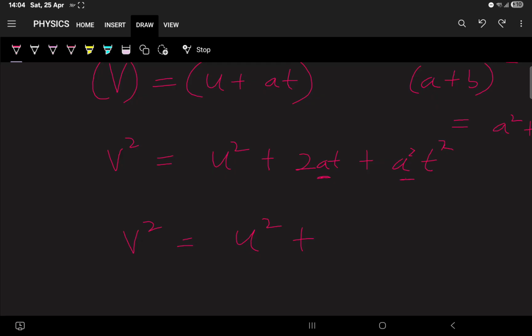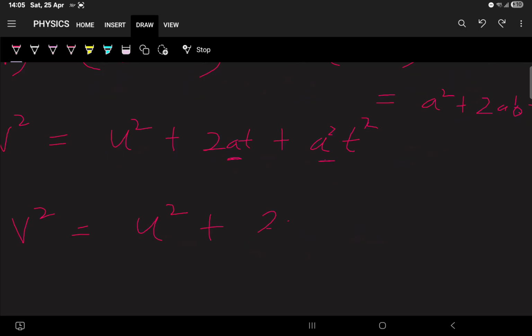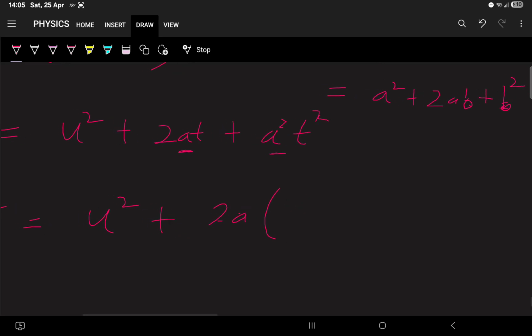What I want to do is make this in such a way that it will be similar to equation 2. So what I'm going to do now is factor out 2a.